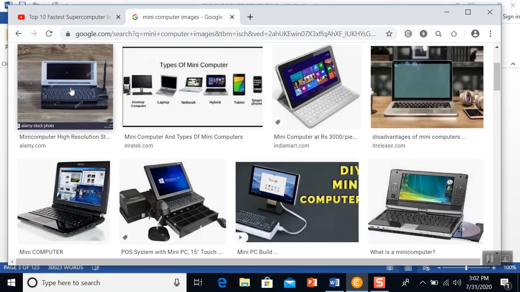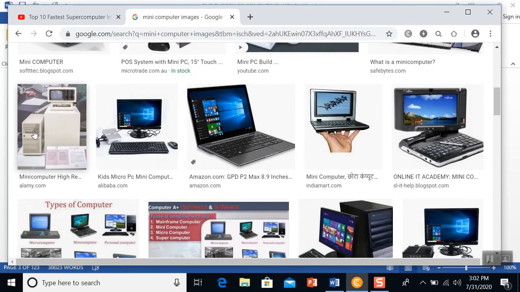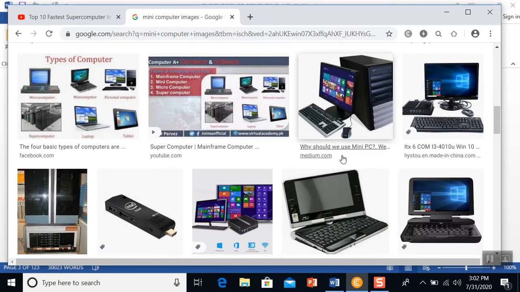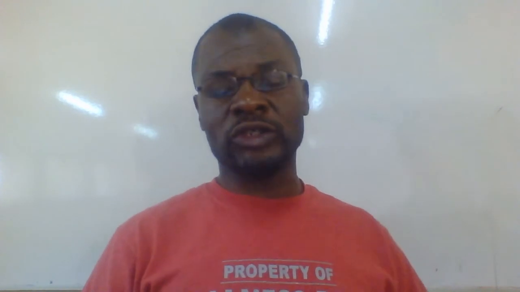These are the images. They're actually looking like ordinary laptops and the likes, but I will explain how this works. So the mini computers, when we talk of the mini computers, we are talking of a computer that is used for specific things.